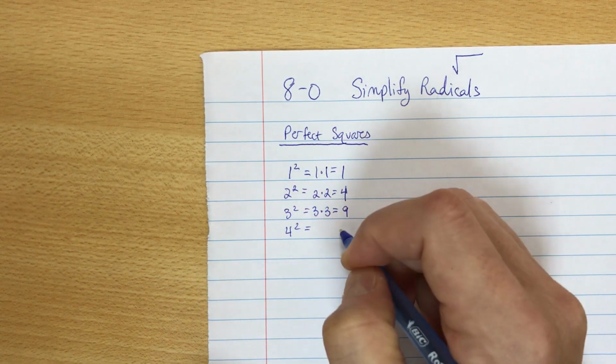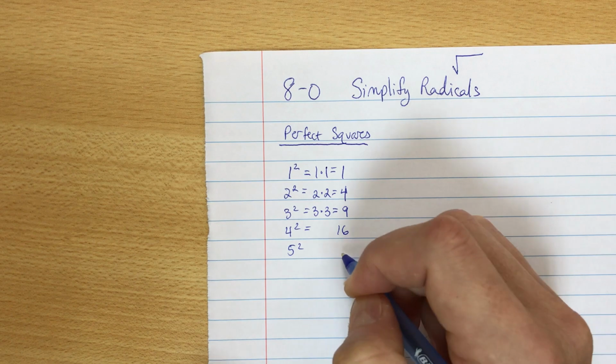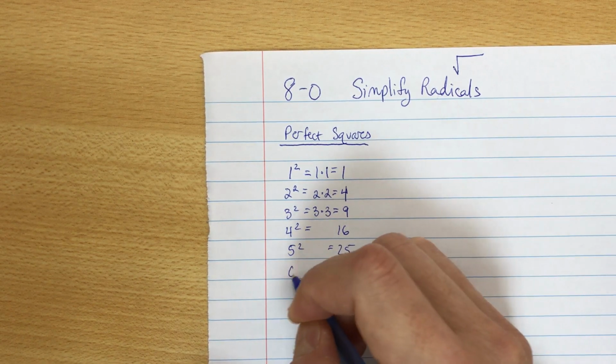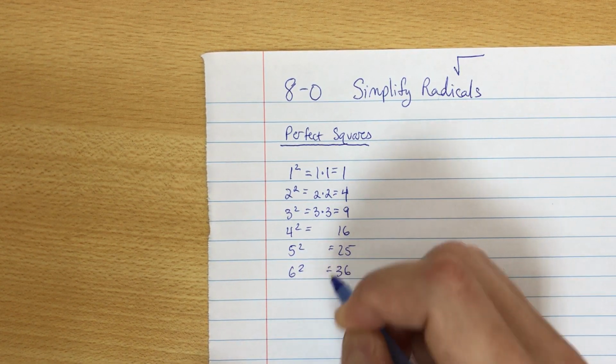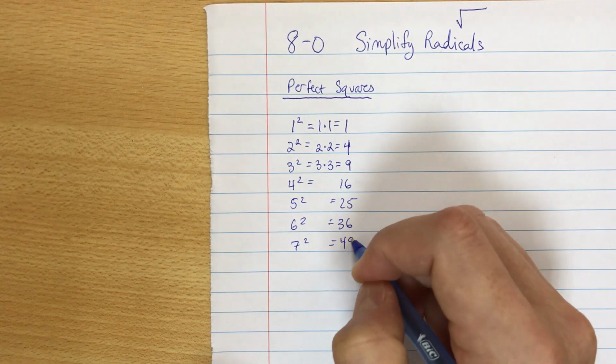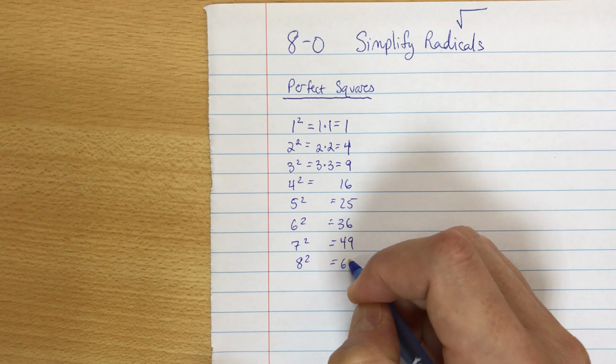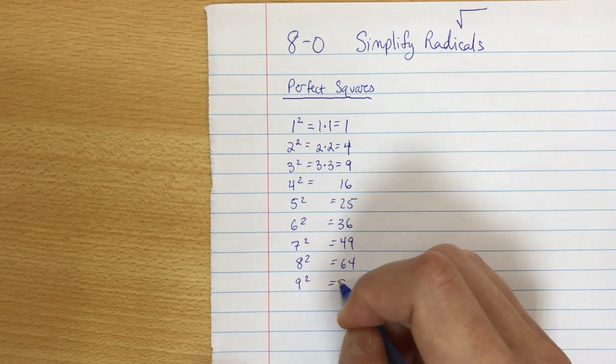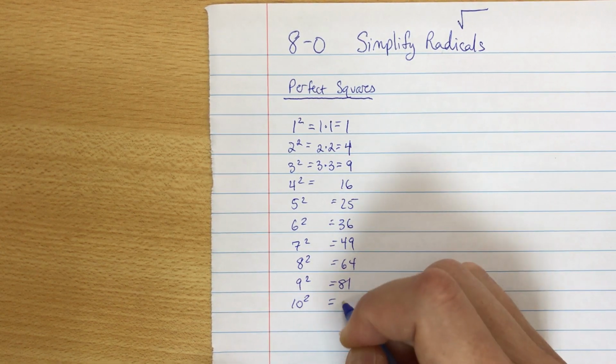And I'm going to go down to 10, but I'm not going to write it out every time. So 5 squared, 6 squared is 36. 7 squared is 49. 8 squared is 64. 9 squared is 81. 10 squared is 100.